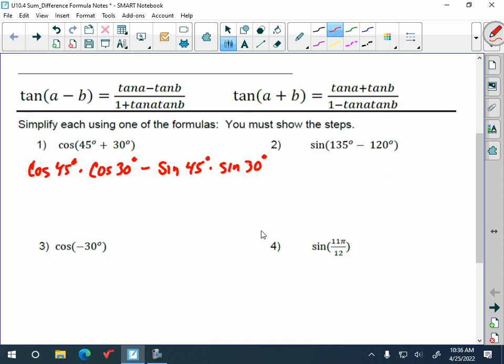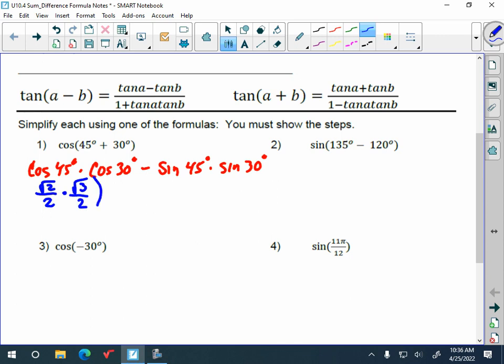So now we go to our unit circle and we simplify each of these trig functions down. All right, so cosine of 45 degrees is going to be what? Root 2 over 2. So write root 2 over 2, and it's times. All right, cosine of 30 degrees is what? Okay, root 3 over 2.